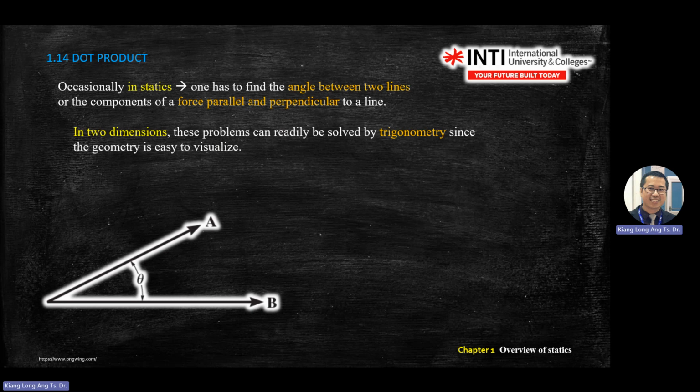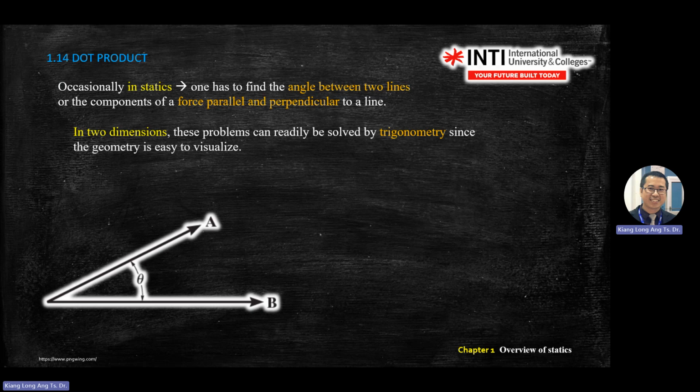In 2D, you can solve by trigonometry. This is what we learned in the previous lecture, how we solve in 2D using trigonometry. Vector B you split into y-axis and x-axis.